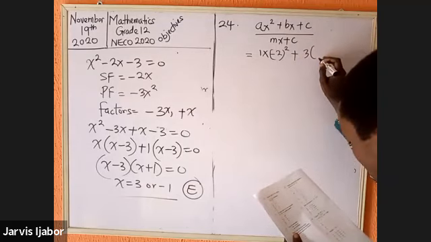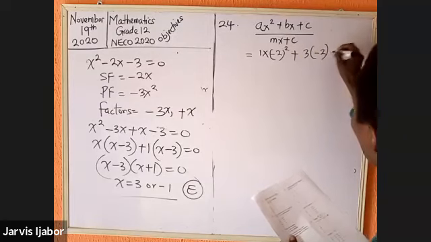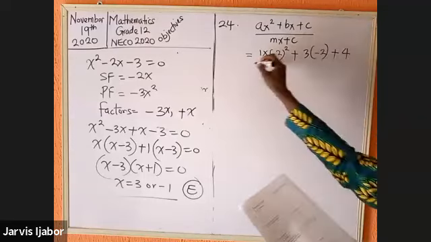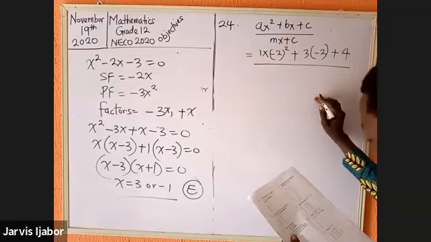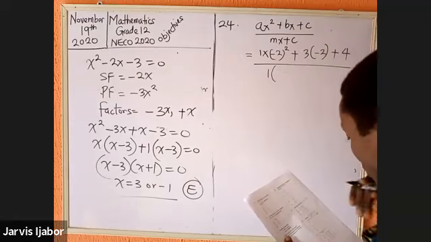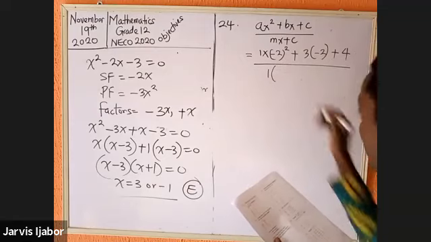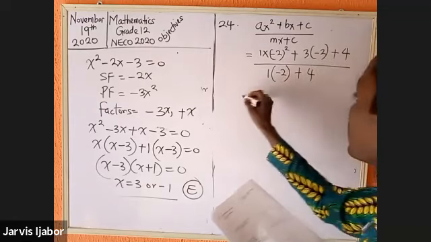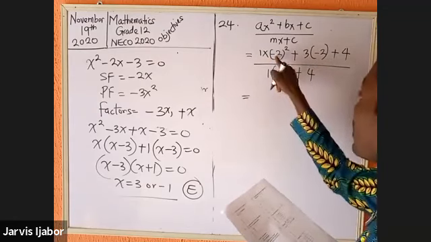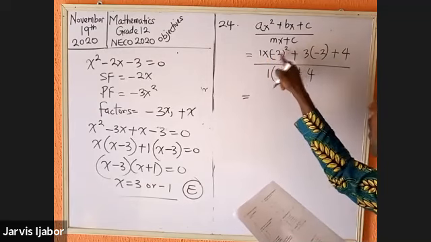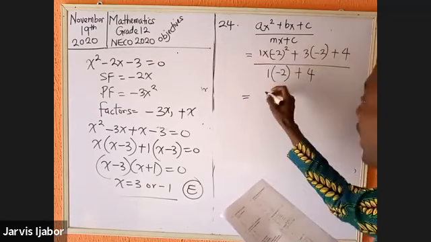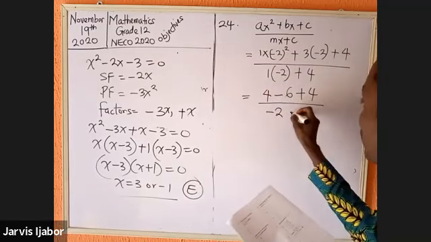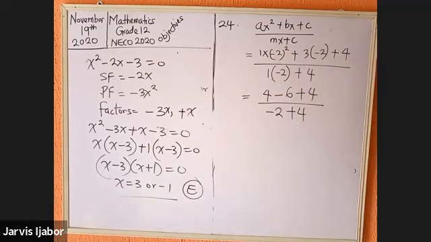What is x? -2, plus what is c? c is 4, all over what is m? 1 into what is x? -2 plus what is c? 4. So this will give me what? -2 squared is 4, times 1, 4 minus 6 plus 4 all over -2 plus 4.